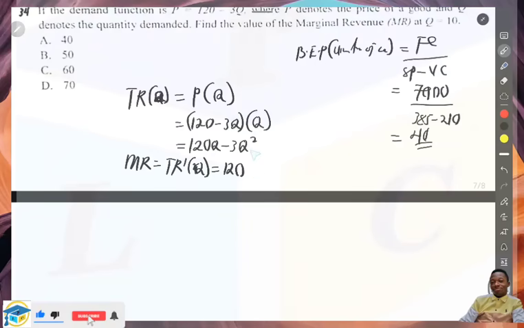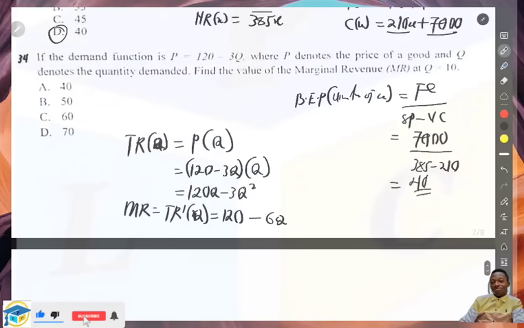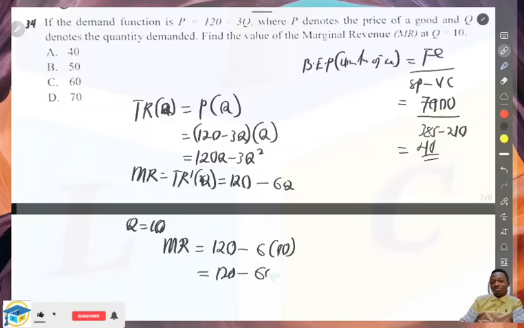The negative 3Q squared results to 6Q. Okay, but we are asked to find the marginal revenue at Q equal to 10. So at Q equal to 10, our marginal revenue should be equal to 120 minus 6 into bracket 10 here.